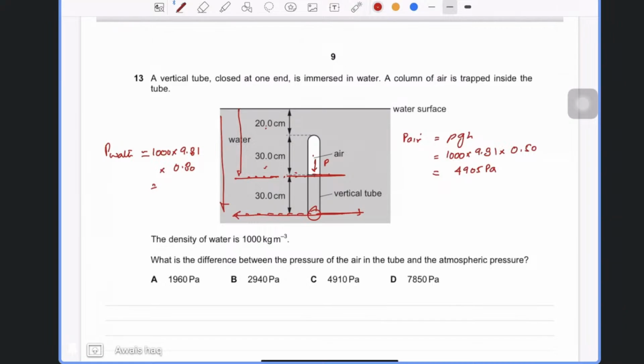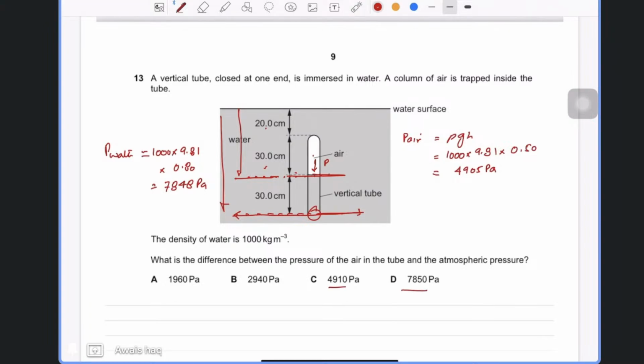Do you understand that? All right, now what you get, 7848. Okay, I'm just trying to see where the difference is now. So right now, we got this answer and we got this answer, right?